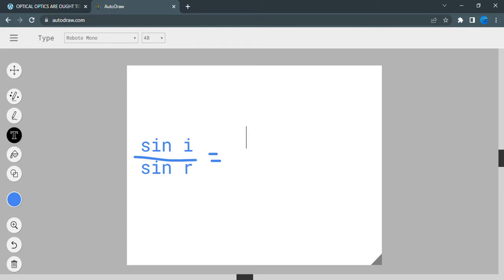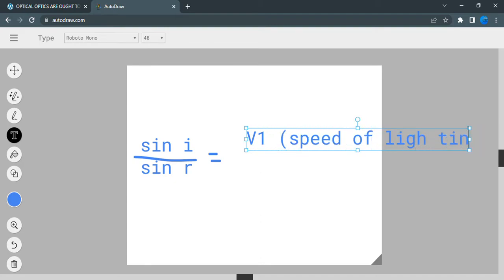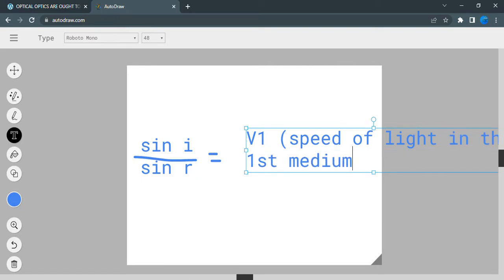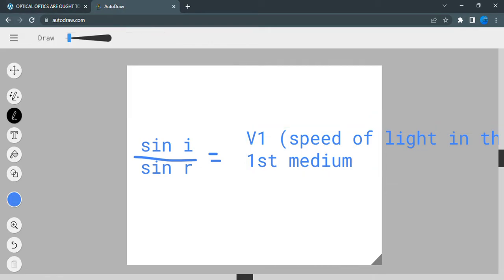So we can call this V1, or speed of light in the first medium, divided by V2, or the speed of light in the second medium.